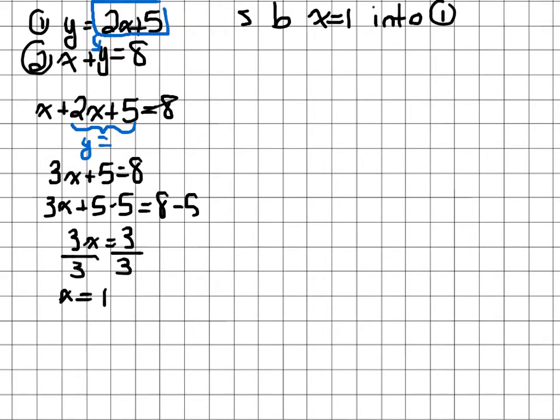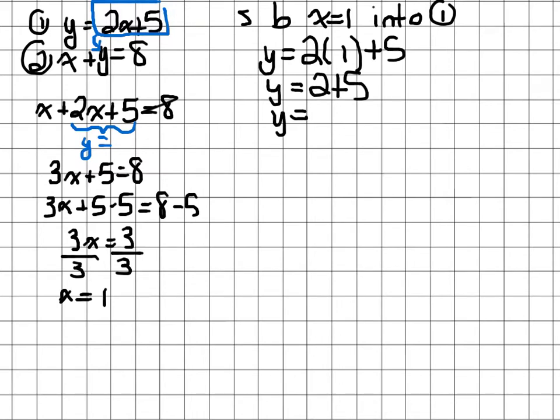So this is y equals 2 times 1 plus 5, so y equals 2 plus 5, y equals 7. So right now, we'd say that my point of intersection is (1, 7).